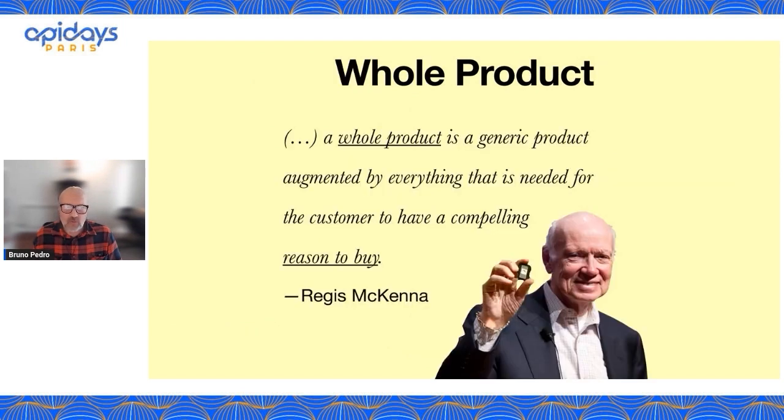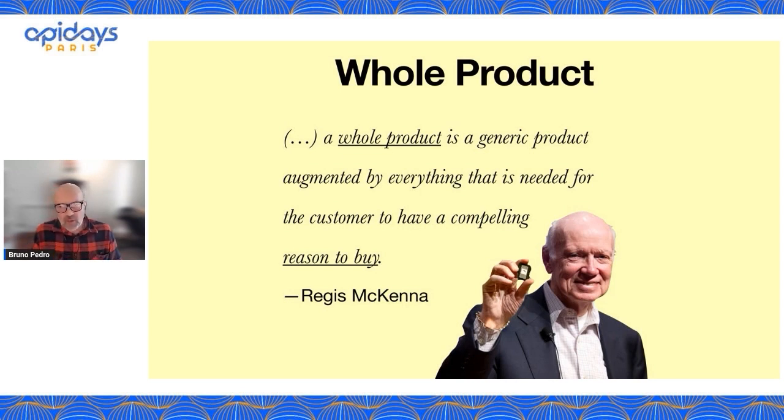If you think about another concept that was created by Regis McKenna. So Regis McKenna is a marketer that became famous after working with Intel and also Apple. So he is the person behind the marketing of the Intel microprocessor, and also the person that helped Apple market and commercialize their first computer.